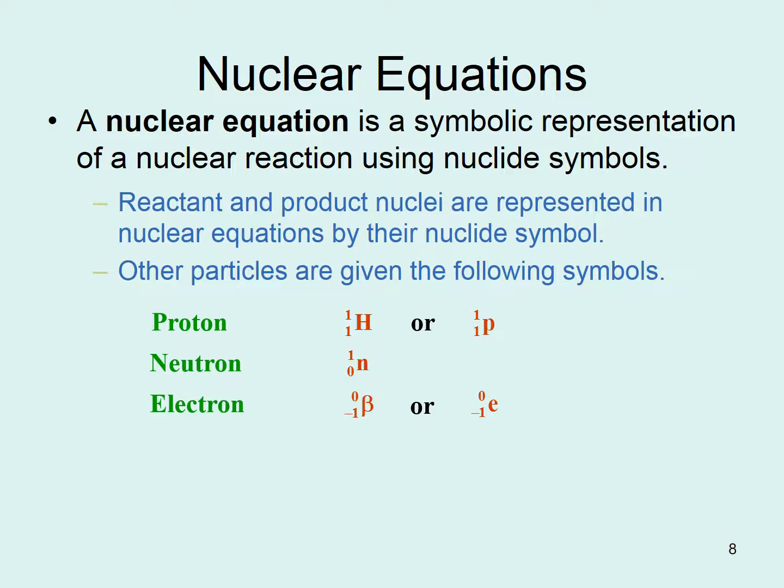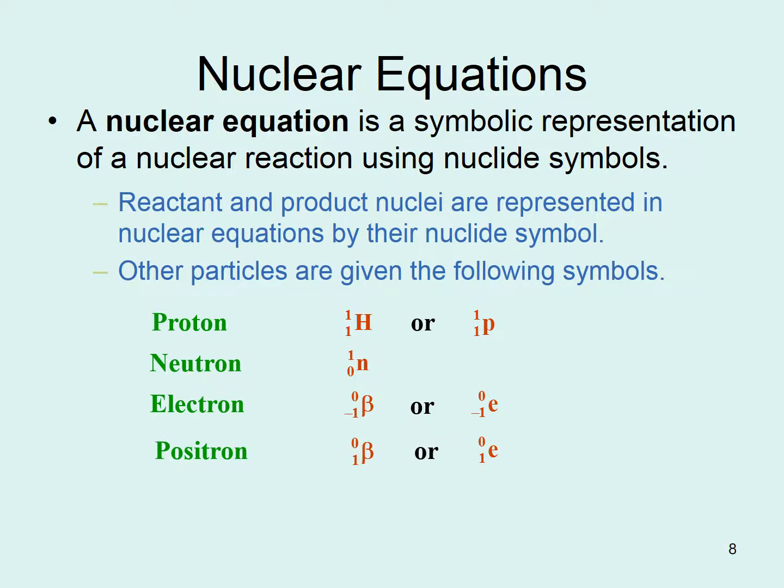Since electrons are also beta particles, you can also write it with a beta symbol, with the -1 on the bottom and a 0 on the top. Either one of these is correct. If you're writing it, either one would be correct, but you should be familiar with both of them because they may show up somewhere.